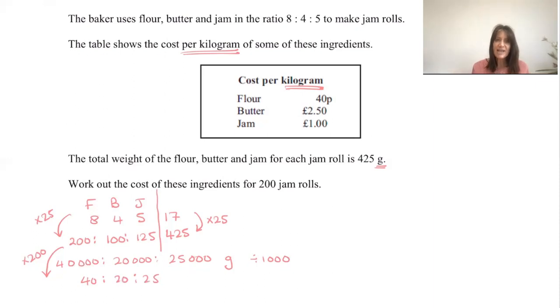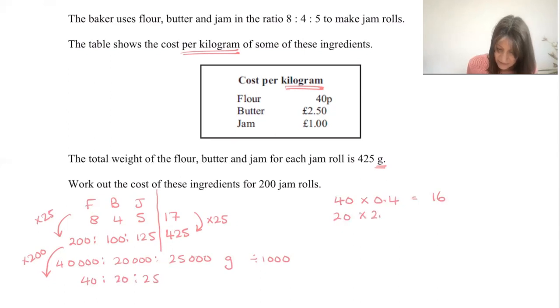Now I'm going to go to my table to check out the cost. So I've got 40 kilograms of flour. One is 40 pence. So I'm going to times through by 0.4 and keep everything in pounds. So when I times that through, I get 16. I've got my butter, which is 20 kilograms.